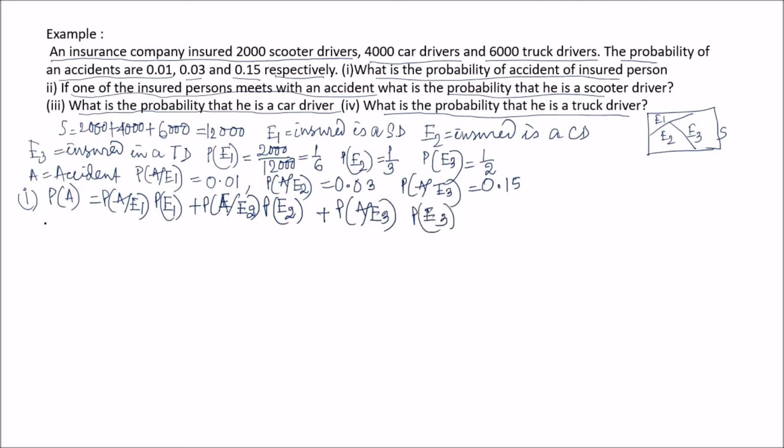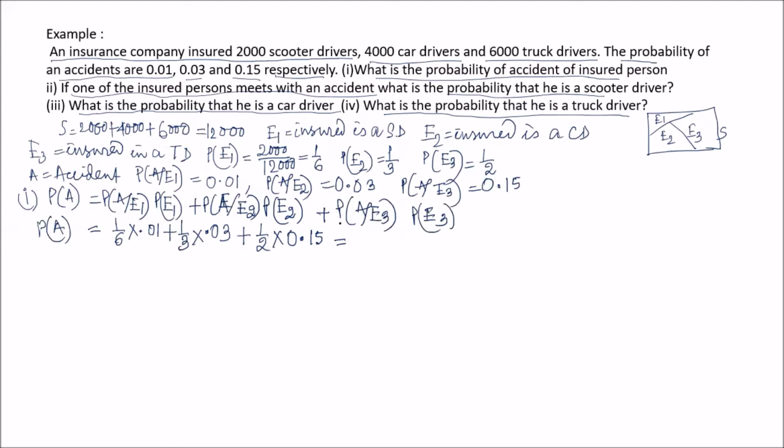So we'll put in the values now. The probability of an accident, that is the total probability, is 1 by 6 into 0.01 plus 1 by 3 into 0.03 plus 1 by 2 into 0.15. You can convert into fractions also to get the answer.